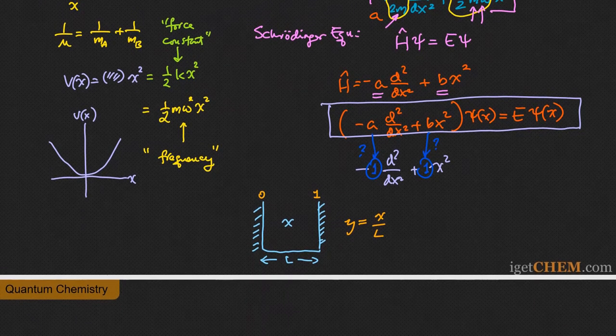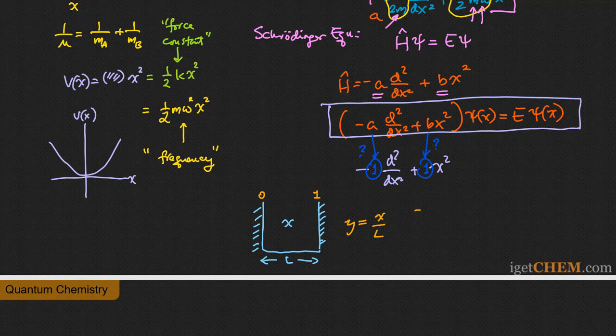So you can ask, well, if I do that, replacing x by y times L, I will transform the Schrodinger equation on the left to minus A divided by L squared, d squared dy squared. And the second term would have come out to be B L squared times y squared.